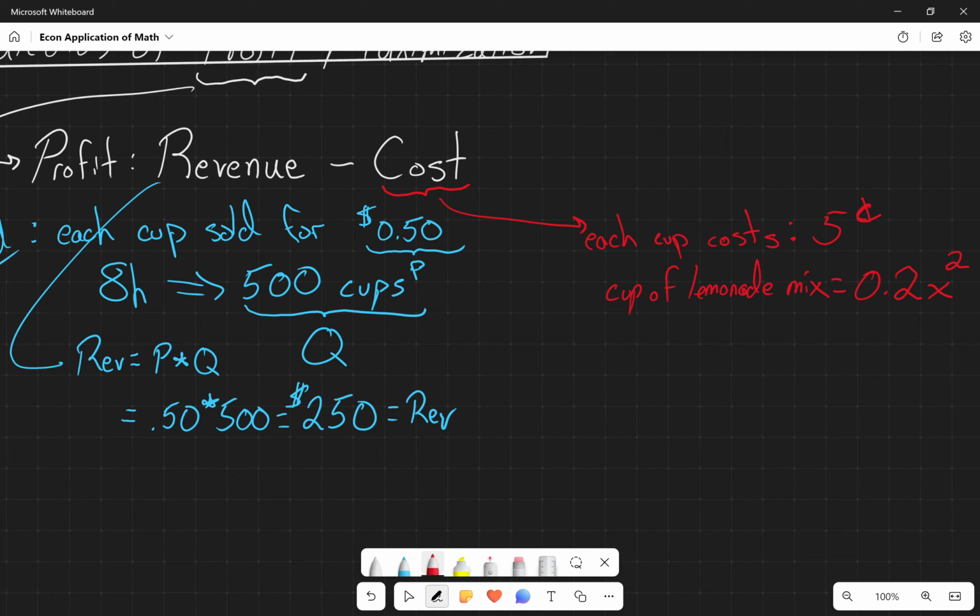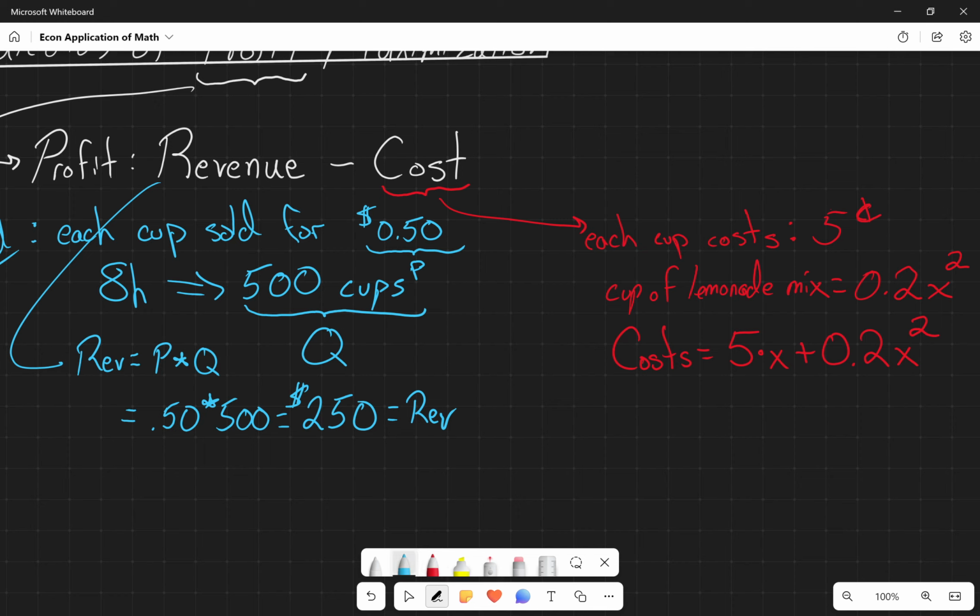And so putting our costs together, we have something that looks like costs is equal to 5 cents times that cup plus 0.2 cents times the amount of cups squared.